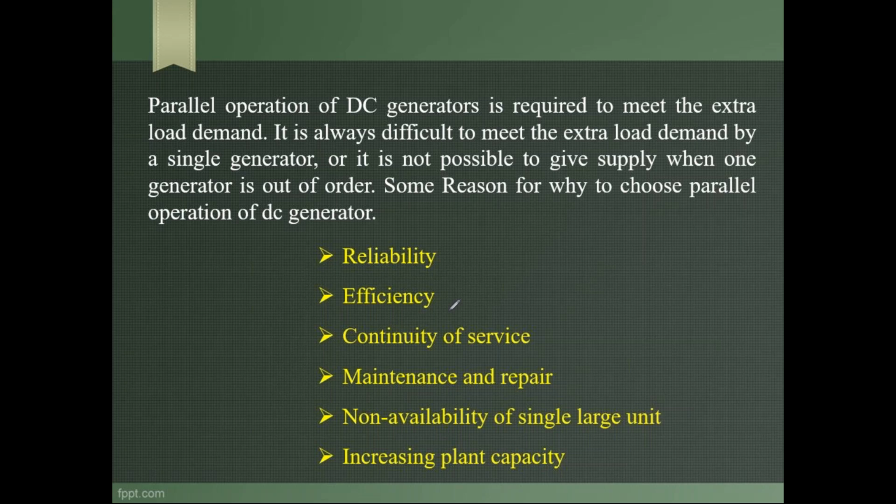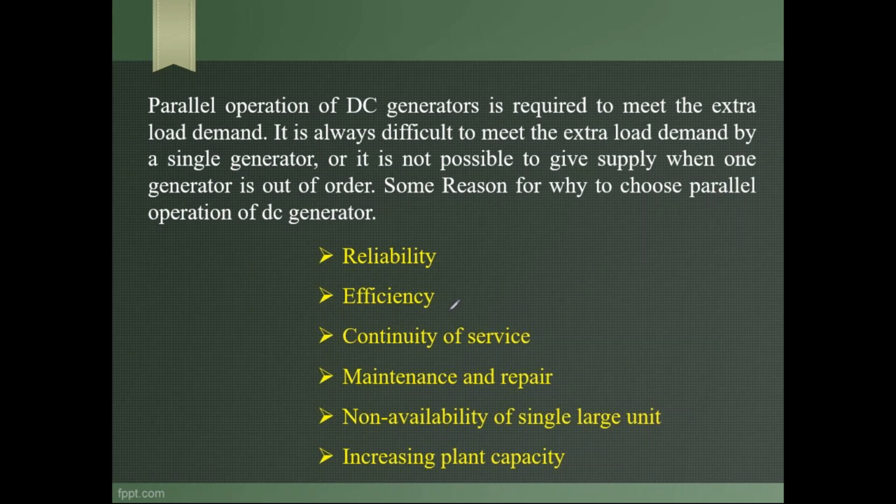Now let me discuss one by one. What is meant by reliability? Reliability is nothing but operation without interruption in the power supply. If the supply keeps going continuously, and we get supply for 24 hours, then it is called reliability. We can achieve this when we are using the backup.